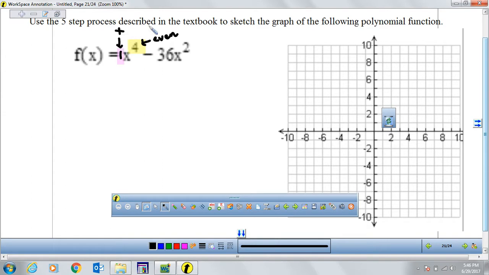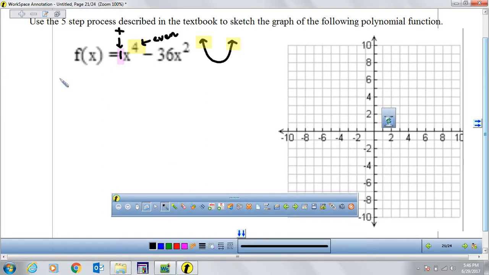So if it is a positive leading coefficient and an even degree, the shape of the polynomial is going to be kind of like a U shape, which means that both ends of the graph, the left and the right end, both of them will go up.